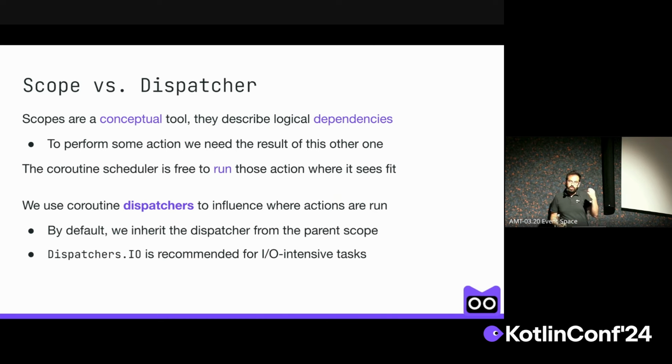And the way we can actually influence how the scheduler runs is by using so-called coroutine dispatchers. So what we often see is that we don't think too much about it. We just inherit the dispatcher from the parent scope. But for example, if at some point you are going to do some IO intensive tasks, it's interesting to look at Dispatchers.IO because, well, it has a different set of defaults which are better geared towards doing IO intensive work.